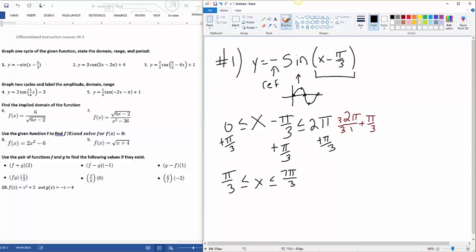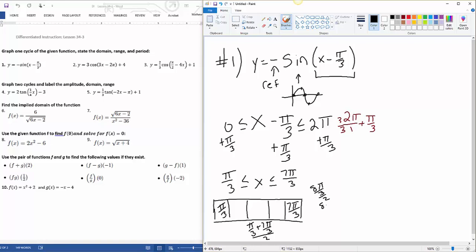So now I can do the value box. Here's pi thirds. Here's 7 pi thirds. If I add the ends together and divide by 2, so pi thirds plus 7 pi thirds, that's going to give me 8 pi thirds divided by 2.